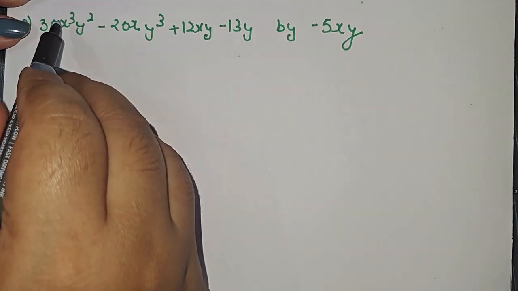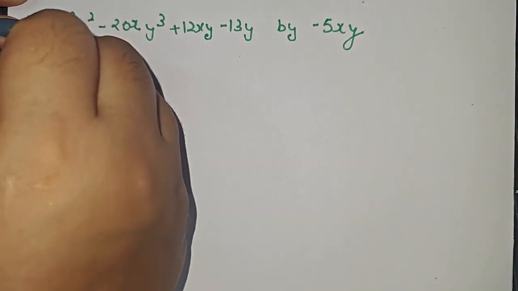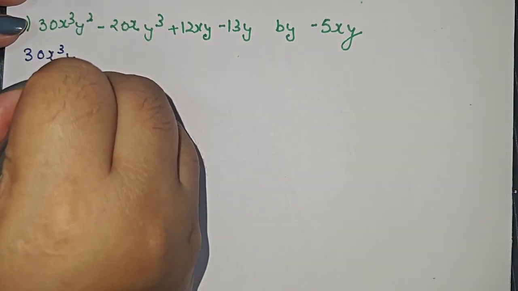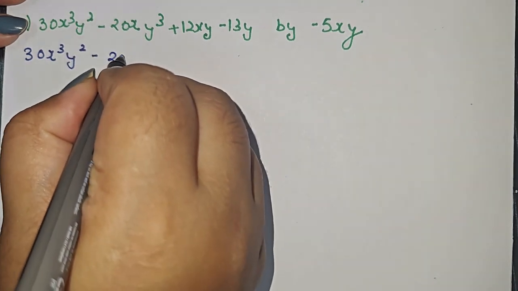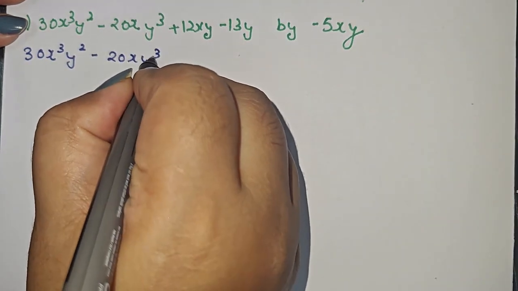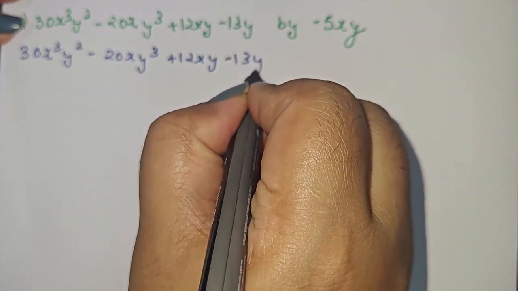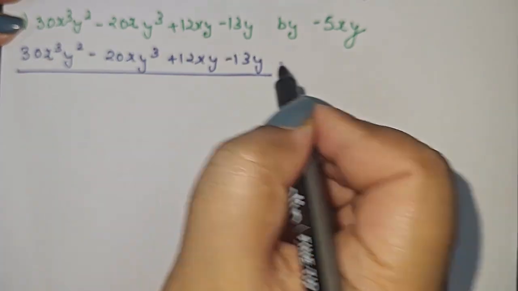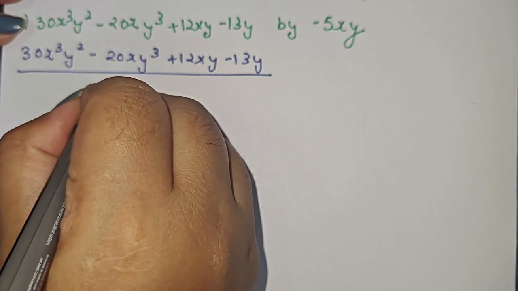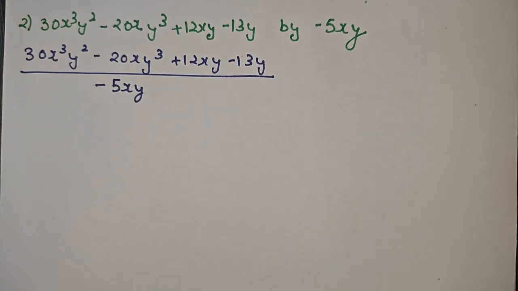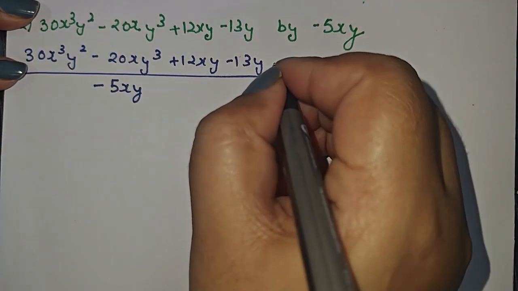We have 30. Again, let's write it down. 30x^3y^2 minus 20xy^3 plus 12xy minus 13y upon minus 5xy. Okay, we have minus 5xy. Now let's start separating them out.